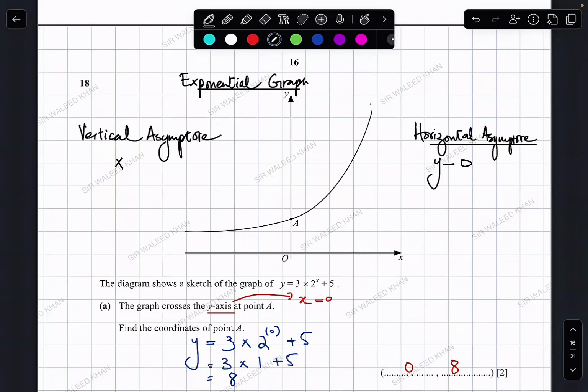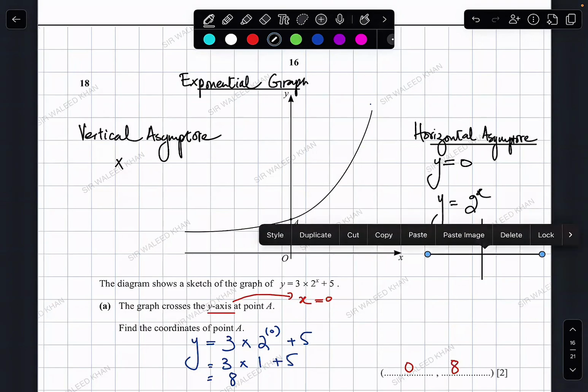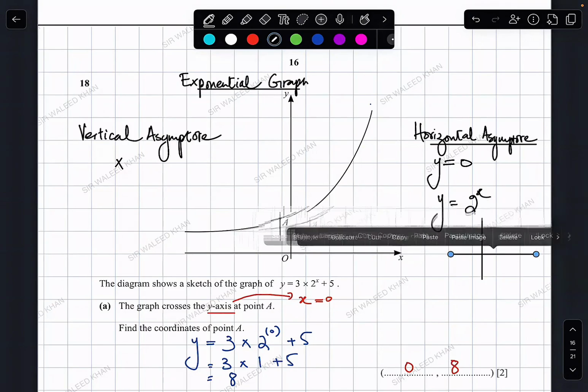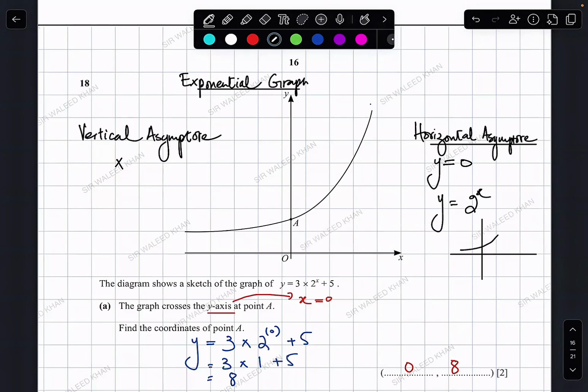The only thing which will change this is the constant, right? So for example, we have y is equal to 2 power x. The graph for that will be something like this. Over here, you can see that this is avoiding the y is equal to 0 line. This is your horizontal asymptote.